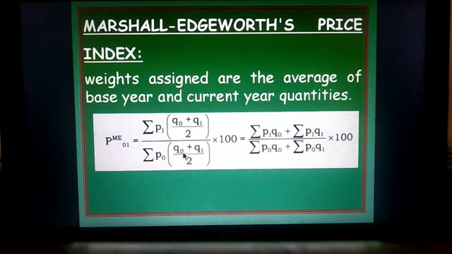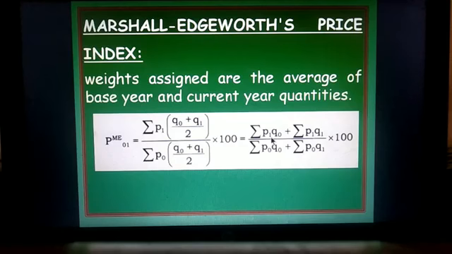And here also in the denominator, (Q0 plus Q1) divided by 2 is the weight applied. So this 2 and 2 will get cancelled. And after that, the multiplication, sum of P1 Q0, that's what is written here.